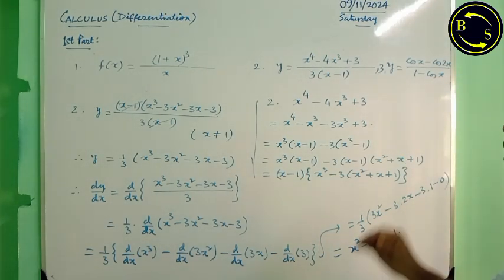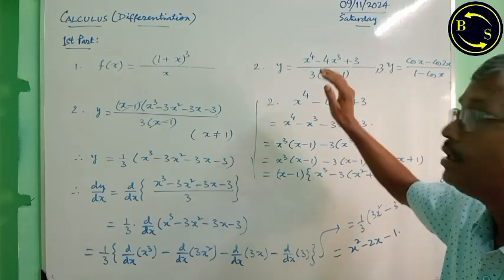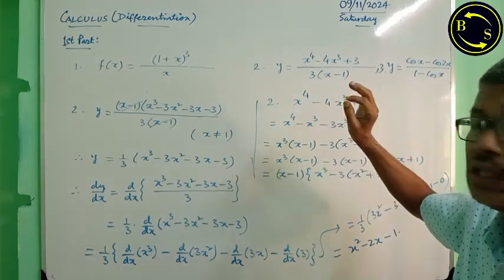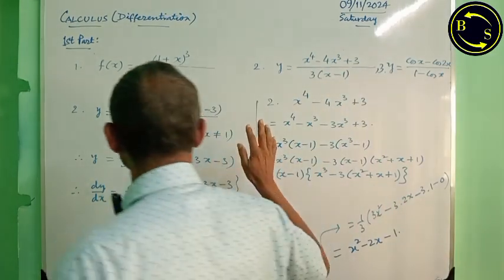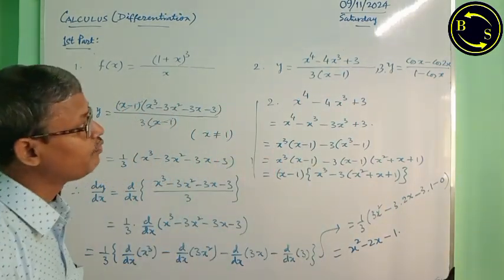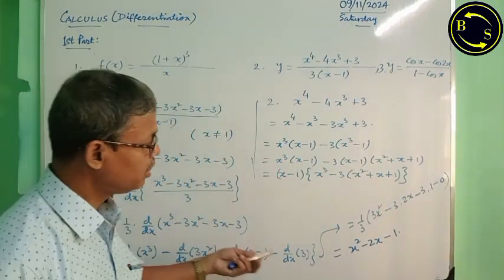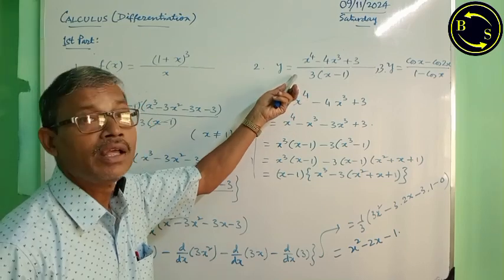Remember one thing, if the given function be of quotient form, then if possible you simplify the given function, then find the derivative. Thus I have got the derivative of this function.